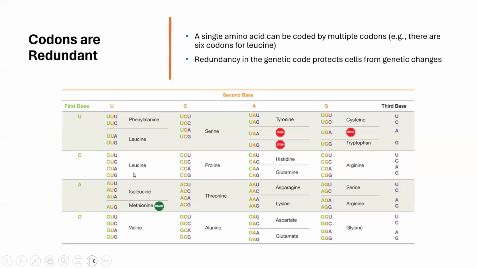What that means is that if you get a single base pair difference where this U gets mutated and becomes a C for some reason, or if the C is mutated and becomes a U, whatever it is, you're still going to get a leucine. It doesn't matter. And so that's why you have this built-in redundancy. When you have problems, especially in that third base in the codon, it doesn't actually affect which amino acid is added to your protein.